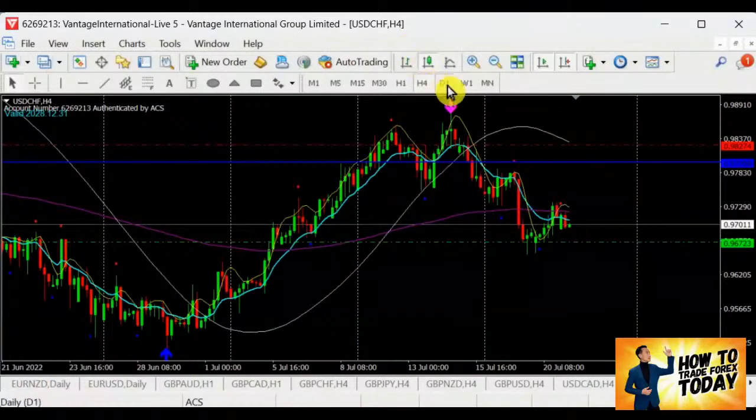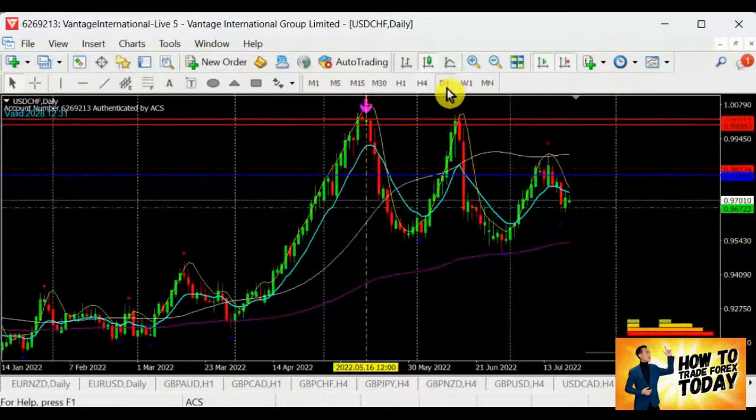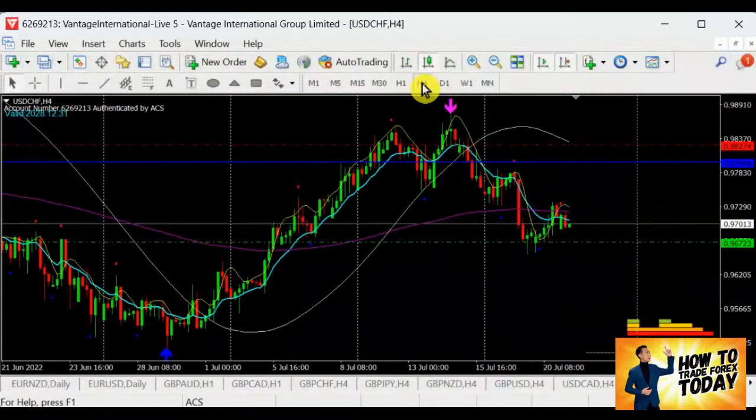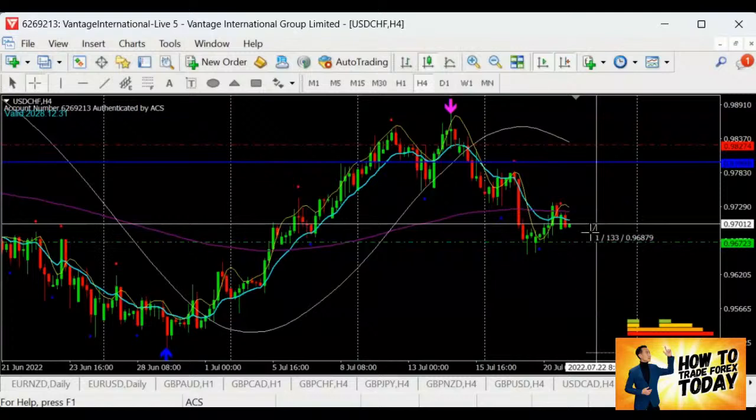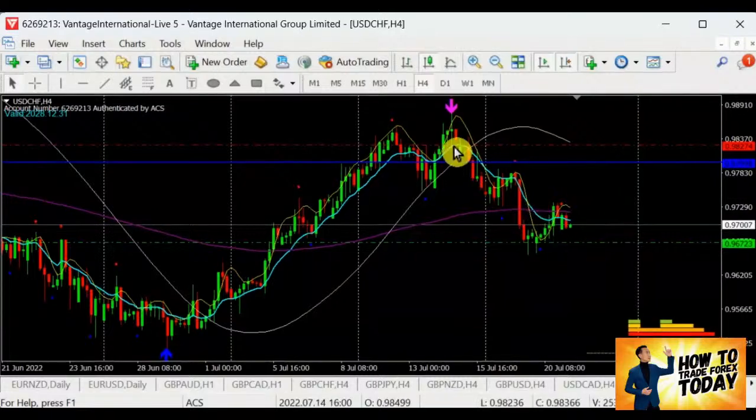Dollar franc. Well, dollar franc tentatively is a swing, and it seems like a swing downwards. However, looking at this dollar franc, I have very limited space, 25 pips. So it's still looking good.